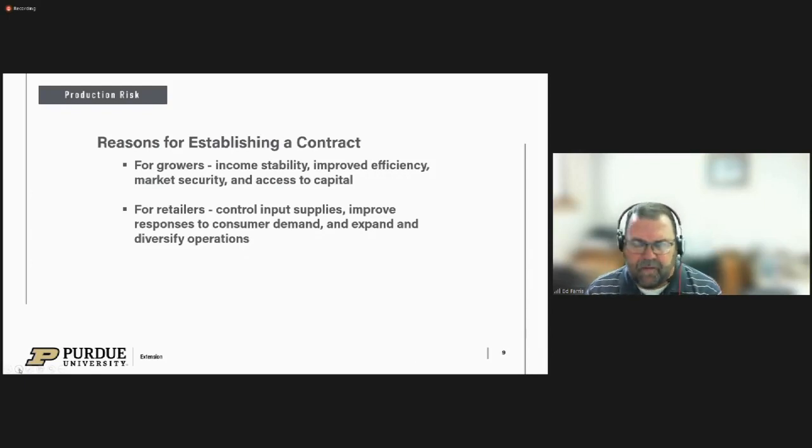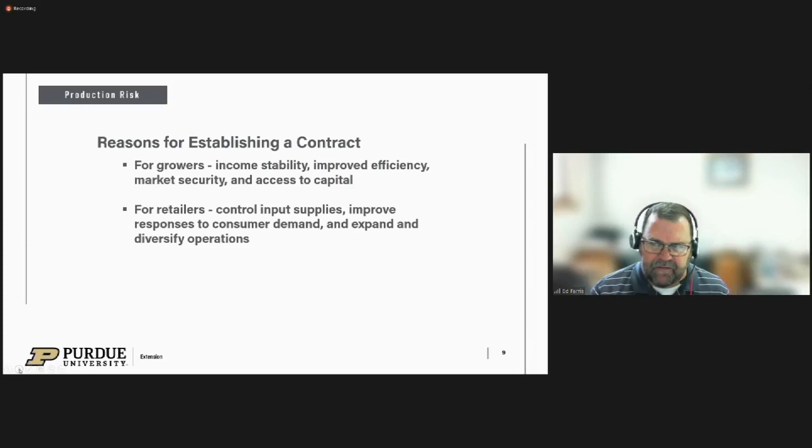So why would a grower want to get involved with something like this? The stability of income, the improved efficiency, market security, and access to capital is, from their perspective, what they would look for by getting involved with an agribusiness.